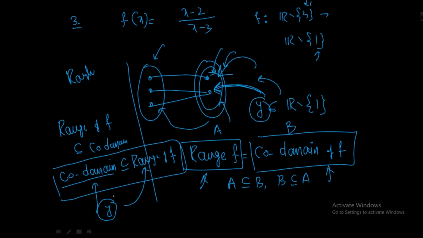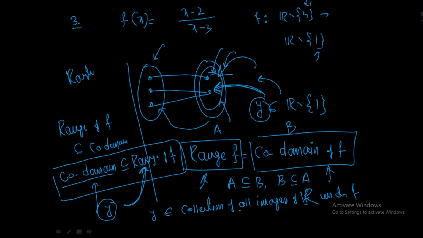Now we have to show that y belongs to the range of f. And what is the range of f? The collection of all images. That means we have to show y belongs to the collection of all images of r under f.